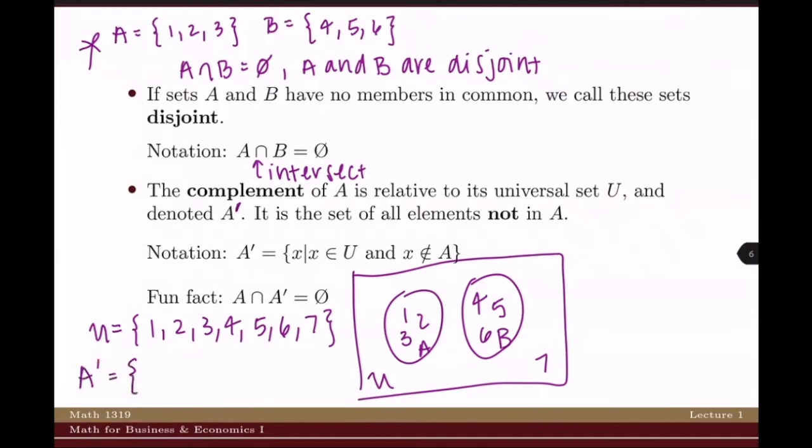So A complement is simply the rest of the numbers in U. And then hopefully now you can see that A intersected with A complement will always be empty by the definition of A complement.